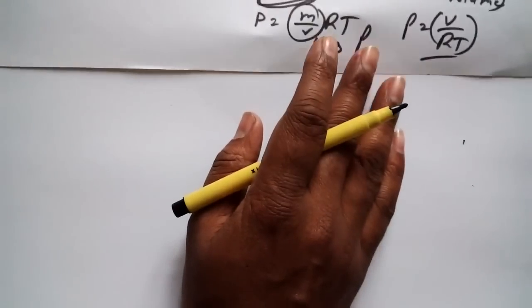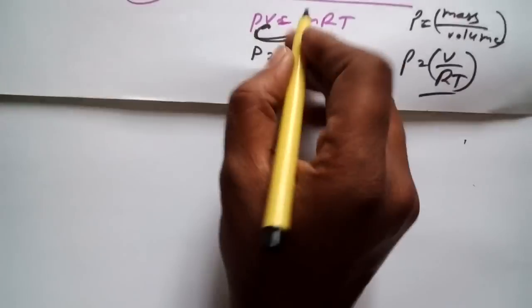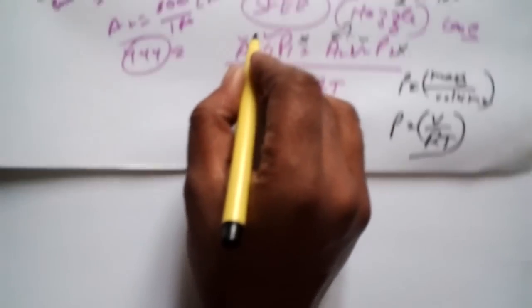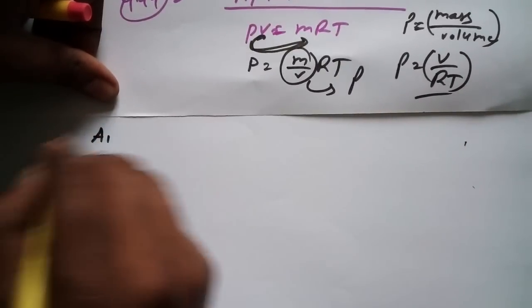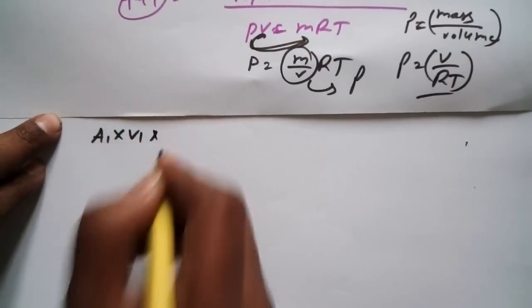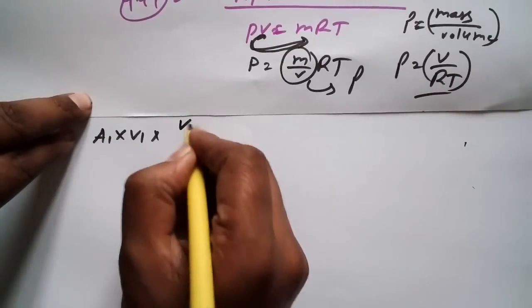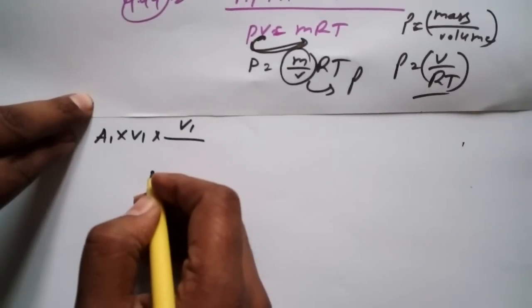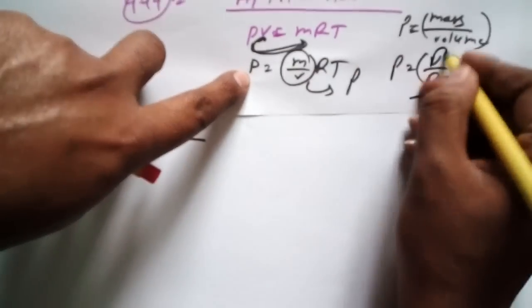Just wait, let me arrange it a little bit. Okay, now it is well arranged, and I can show you what is happening here. In this equation we can write A1 into V1, and density is equal to P upon RT.